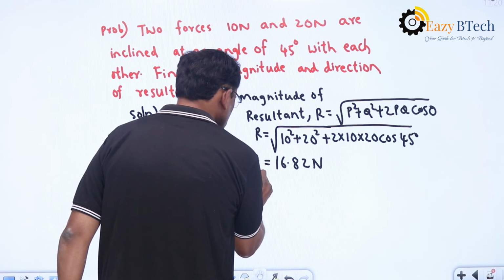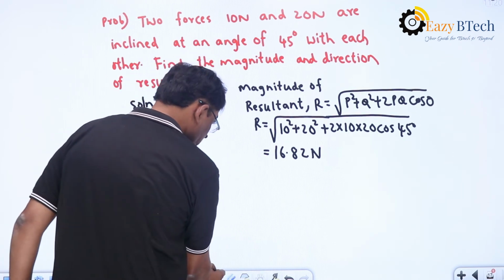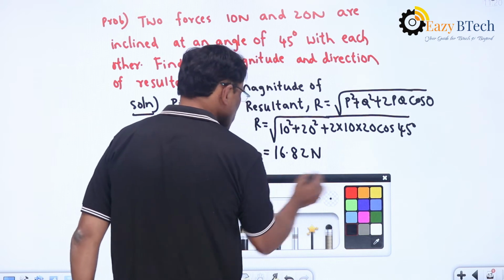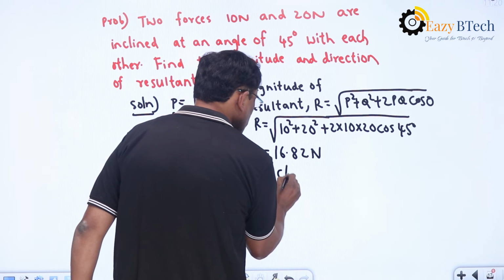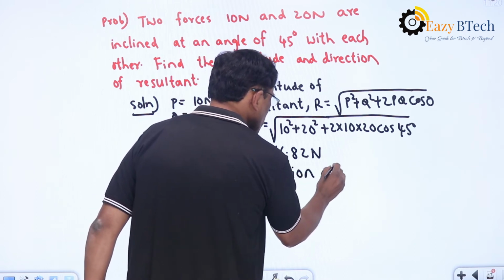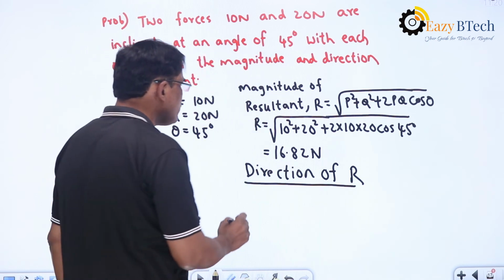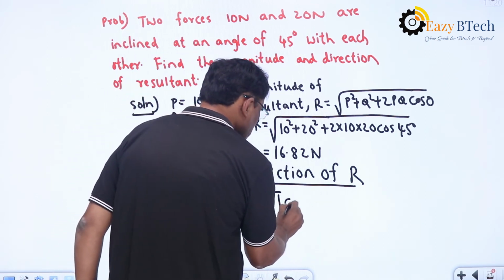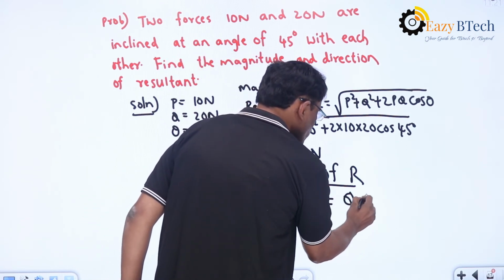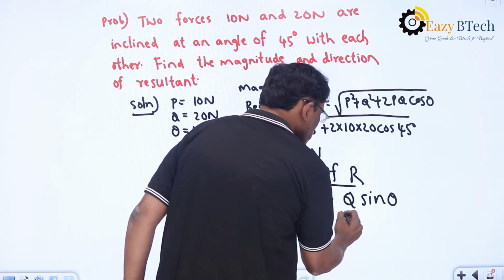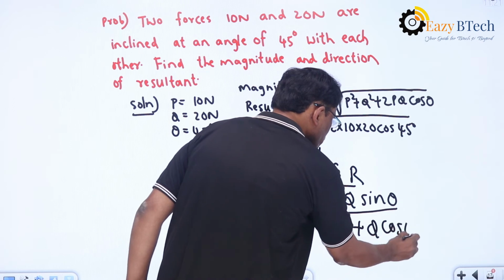Now you find the direction of resultant. So this is given by tan phi is equal to Q sin theta by P plus Q cos theta.